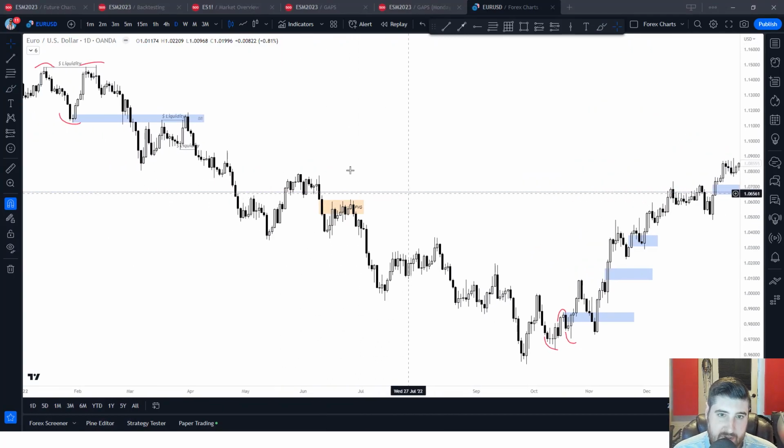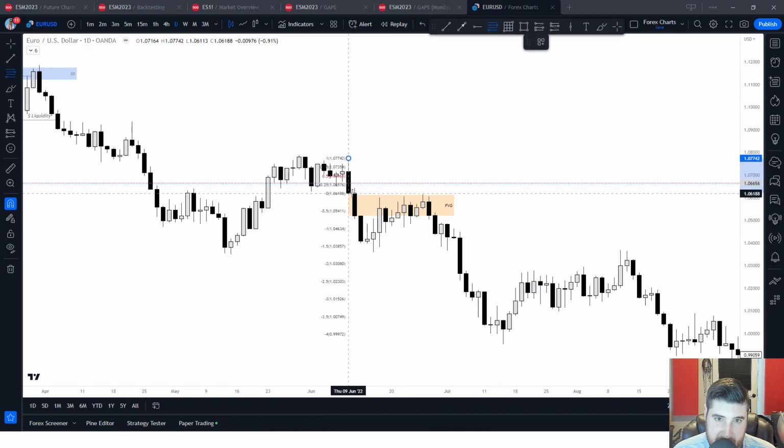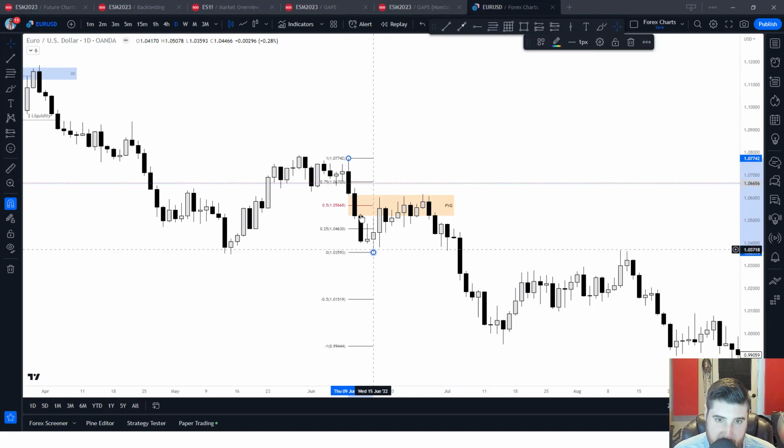So let me clear out. Actually, no, we're going to play with what we have here. So fair value gap, Fibonacci. You're going to take it from that high to the low because we're going downtrend. I don't have the 0.618 on here, but it would be, I think, somewhere in here, like literally right at the top. Let me put it on so we could see.